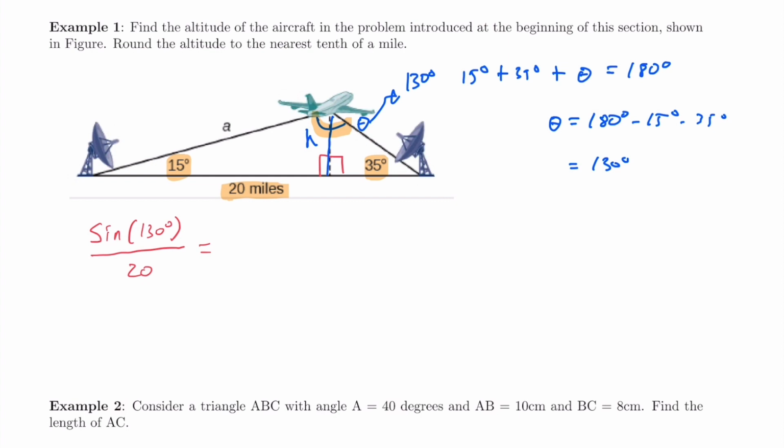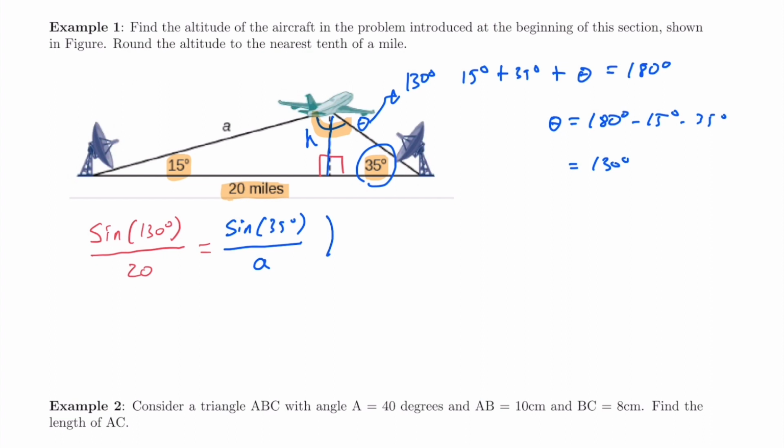let's do this. Let's find A first, and I'll explain why we need to know A. So we can find A by setting up this angle, sine of 35, over A. Okay. So that's one way we can write the law of sine.